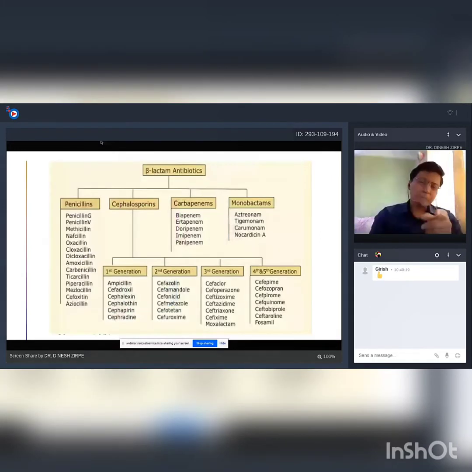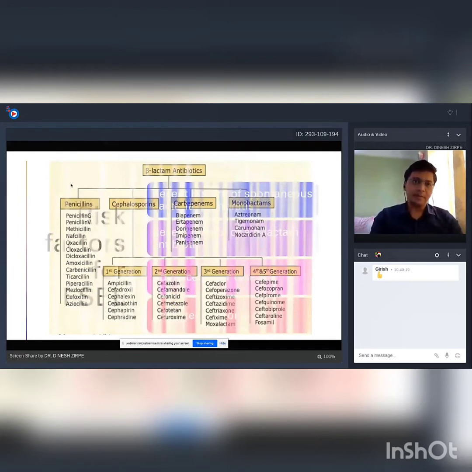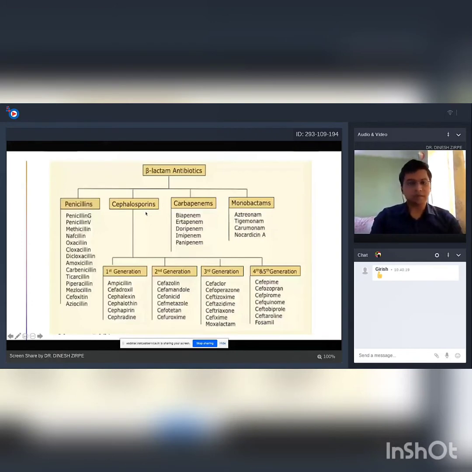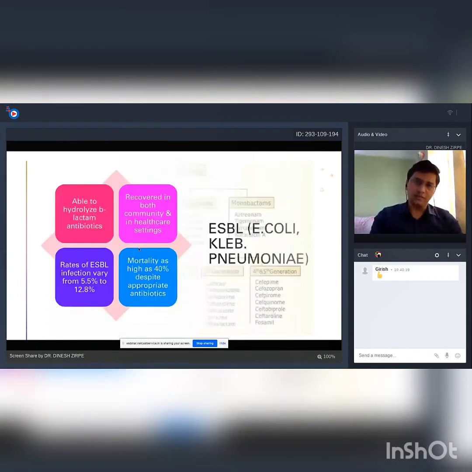Basically, if the organism is ESBL producing, that means penicillin, cephalosporins, first to third generation, and sometimes monobactams are out of the question for treatment. So that is the issue with beta-lactam and ESBLs.